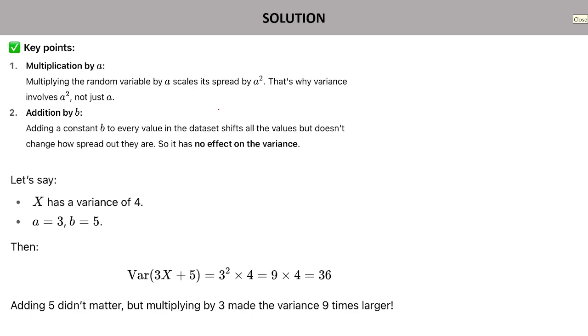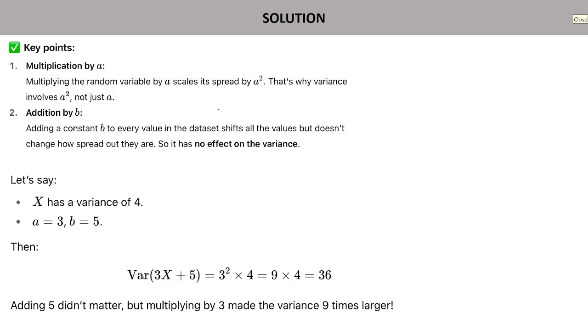Now you create another data set where you add 1 to all the numbers: 1 plus 1, 2 plus 1, 3 plus 1, and 4 plus 1, which is 5. The distance between the new mean and 5 in the second data set, and the distance between the mean and 4 in the first data set, will not vary. That is why addition of any constant like b will not affect the variance.